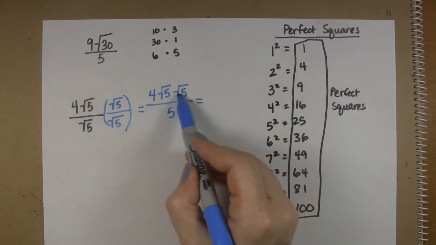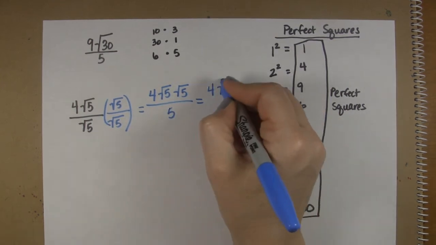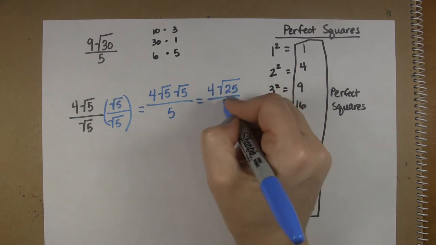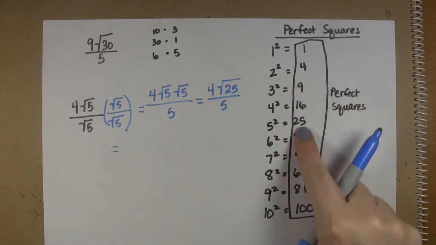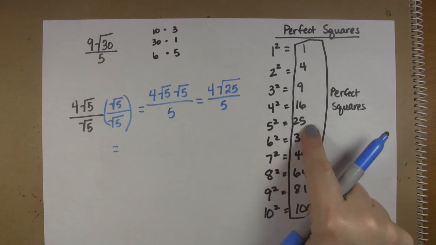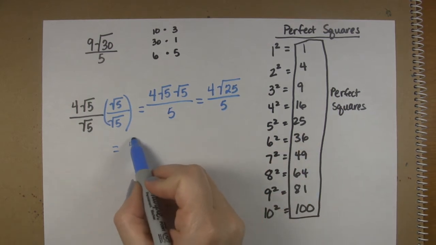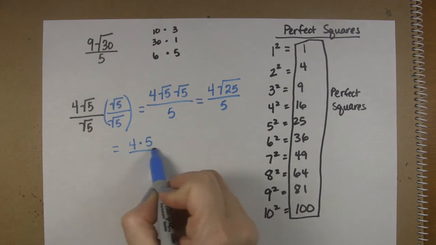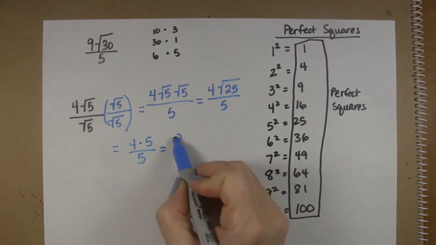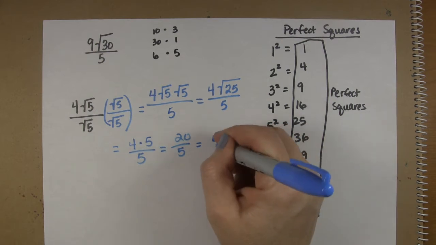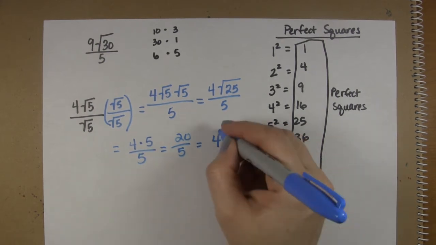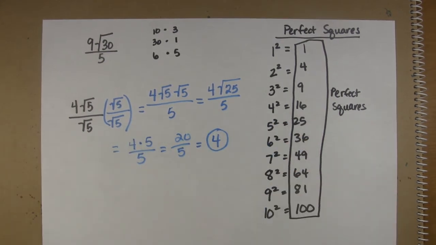And then you would combine these into 4 radical 25 over 5. And then you would know that 25 is a perfect square of 5, so you would change it into 4 times 5 over 5, which is 20 over 5, which is 4. Okay, so you could do that.